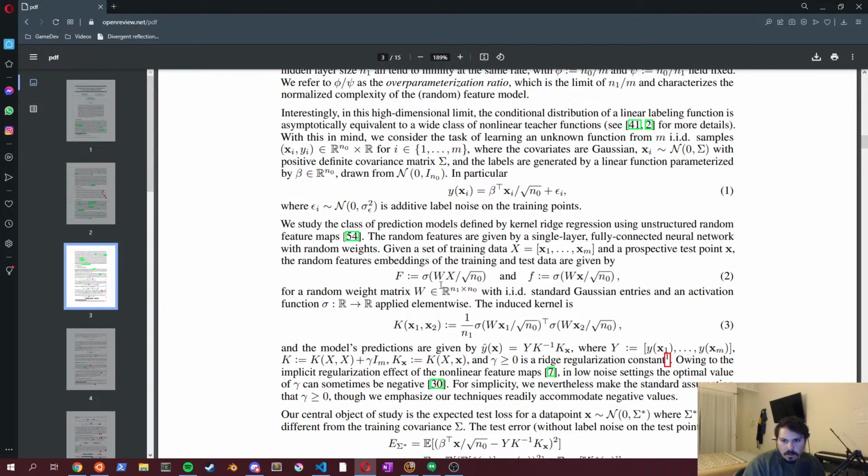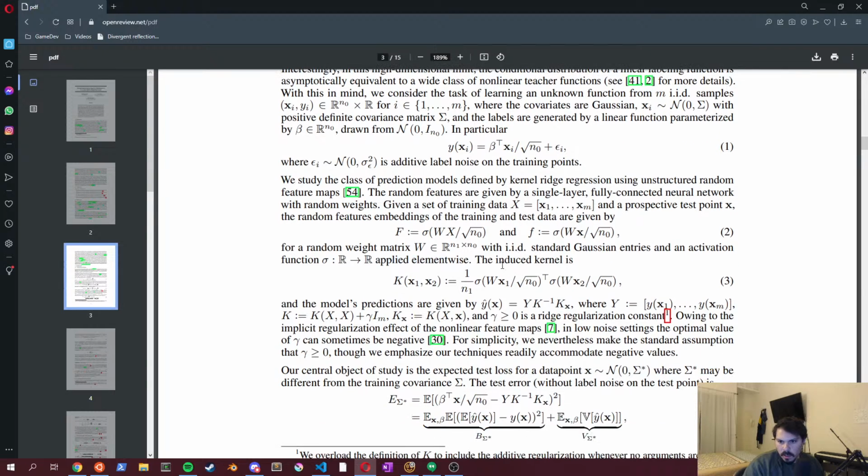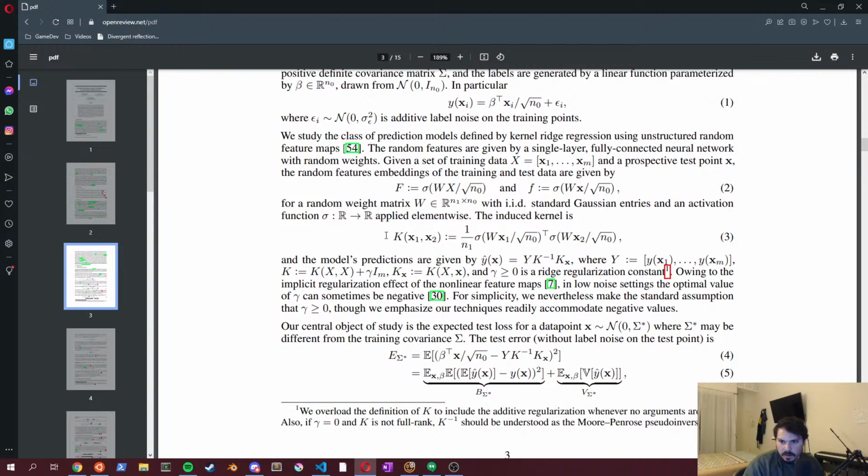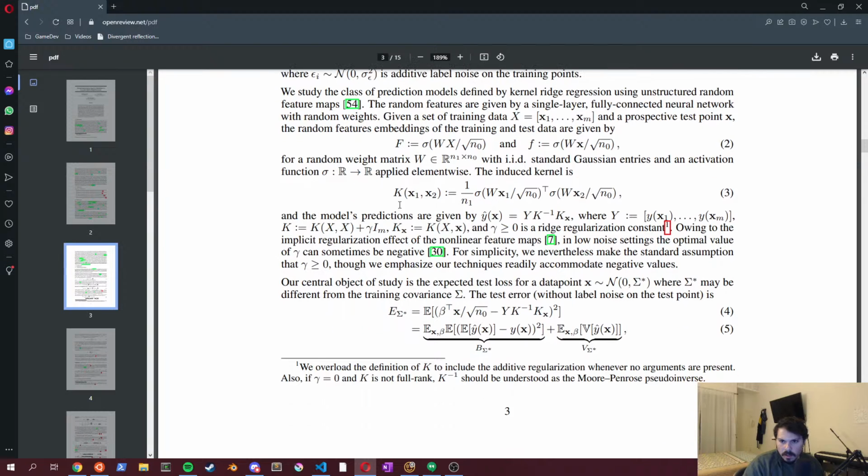For random weight matrix W in R^(n1 x n0), with IID standard Gaussian entries, and an activation function sigma from R to R applied element-wise, the induced kernel is given by this thing. Okay.